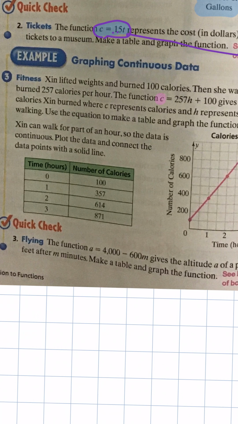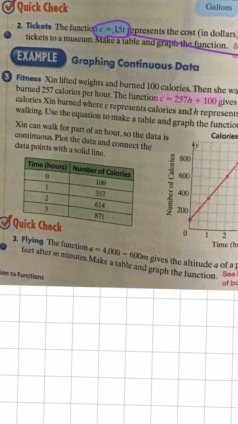The function C equals 257H plus 100 gives the total calories Zin burned, where C represents the calories and H represents hours walking. Use the equation to make a table and graph the function. Zin can walk for part of an hour, so the data is continuous. Plot the data and connect the data points with a solid line.